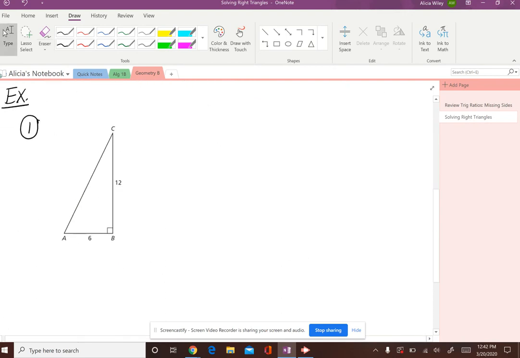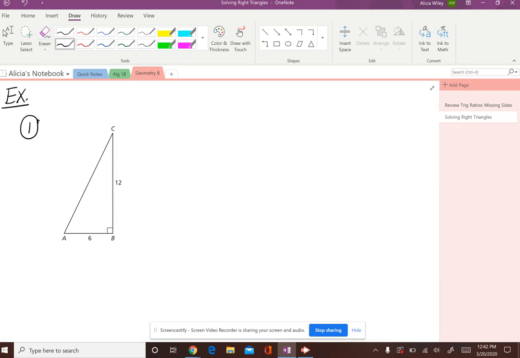In example number one, they gave you two side lengths. Now, in this problem, it doesn't really matter what you find first. You kind of have a choice. But initially, I see I have a right triangle and I know two side lengths. And if you know two side lengths of a right triangle, can't you find the third side? Absolutely.